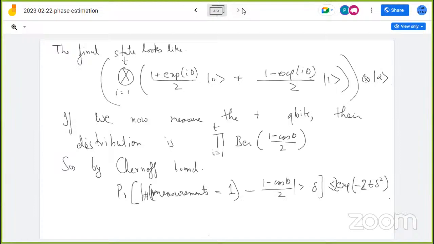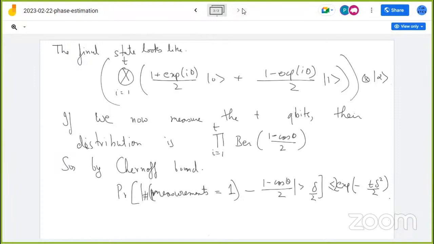This is as good as getting a relative approximation, or delta. So after t steps, we get a delta by 2 approximation with this much probability.